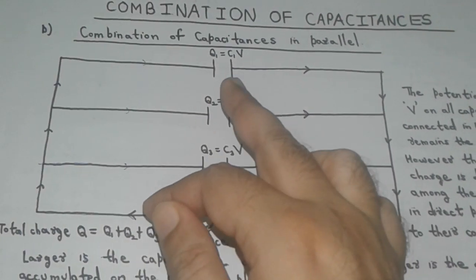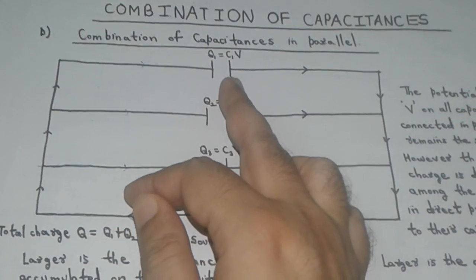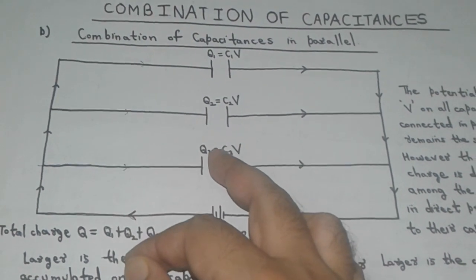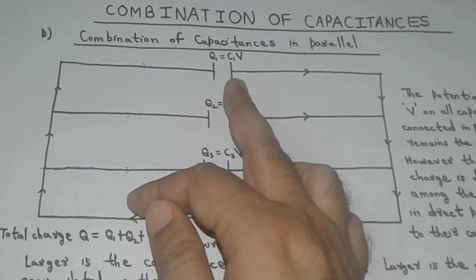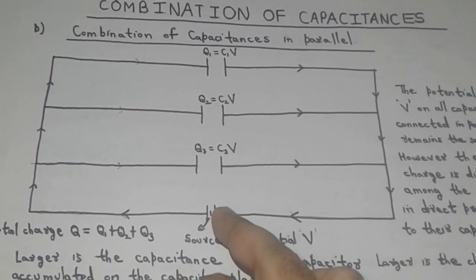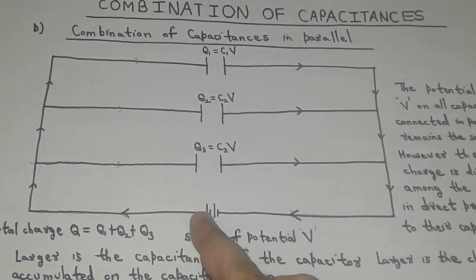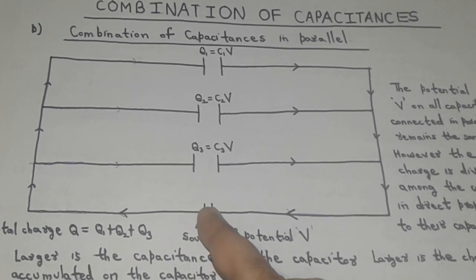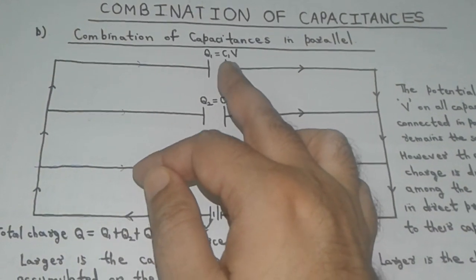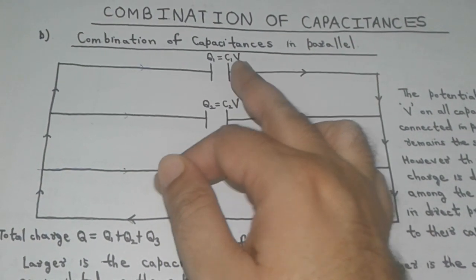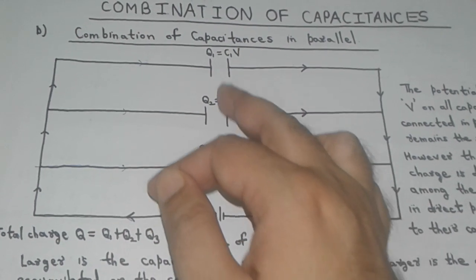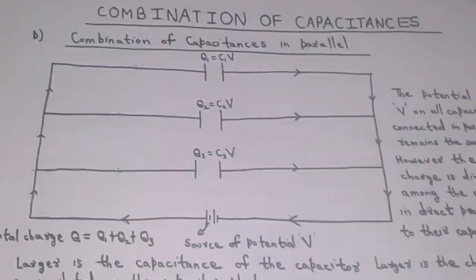In parallel combination, the potential difference between the plates of each capacitor is the same. However, the total charge Q supplied by the source is divided on the three capacitors in direct proportion to their capacitances.